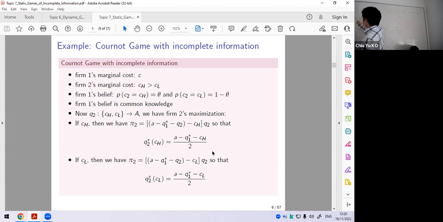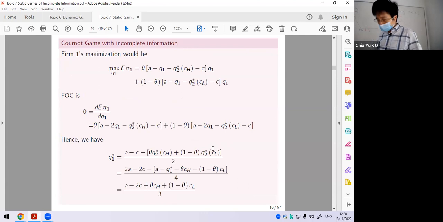If low, you do this; if high, you do this. And firm 1, what he will do is think he will meet the high type with probability theta and the low type with 1 minus theta. And you just basically solve this optimization problem.